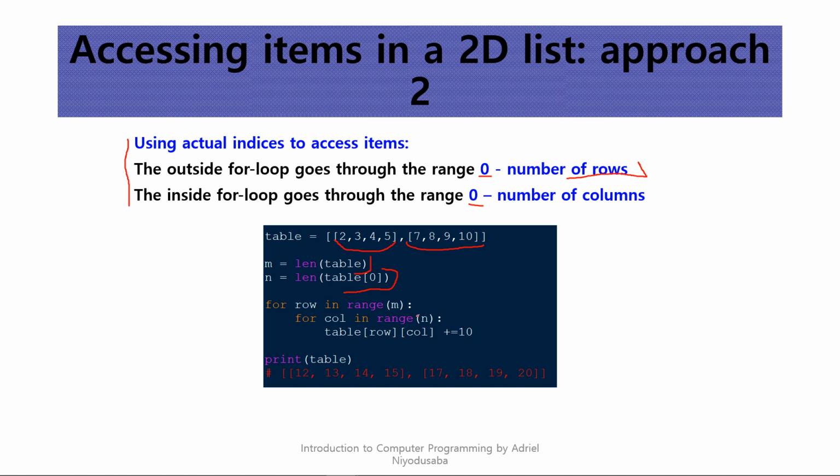For that we can use the range of n, because the numbers in range of n represent item indexes in this sublist. So inside one row, I will run another for loop which goes through all the columns in that row. Going through all the columns is equivalent to going through a range of n, because n is 4, as we calculated here.